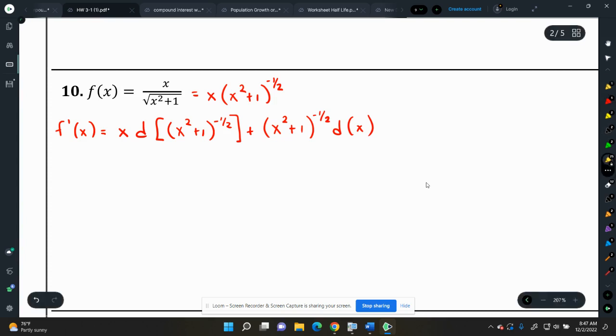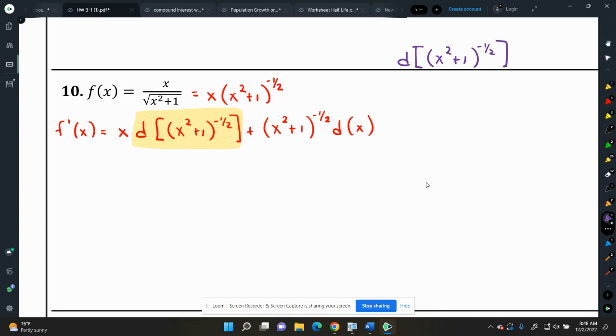Okay, so I'm going to take this derivative. I'm going to work off to the side. So the derivative of x squared plus 1 to the negative 1/2. This is a chain rule, so we'll do outside, inside. So outside, negative 1/2 x squared plus 1 to the negative 3/2.